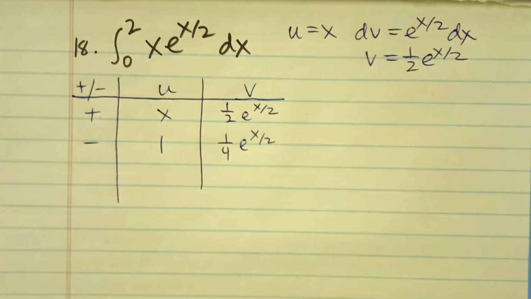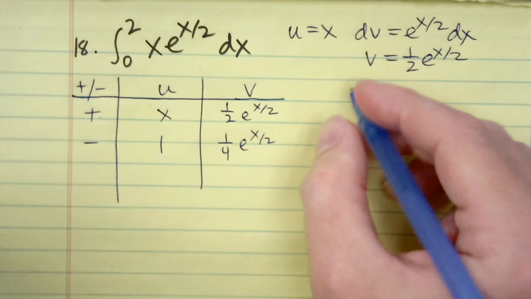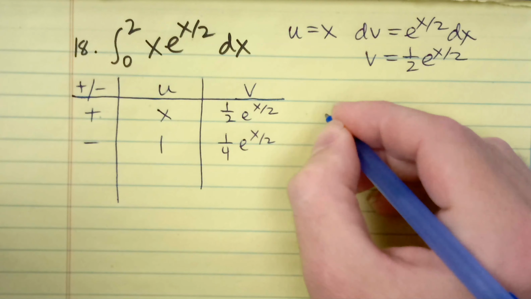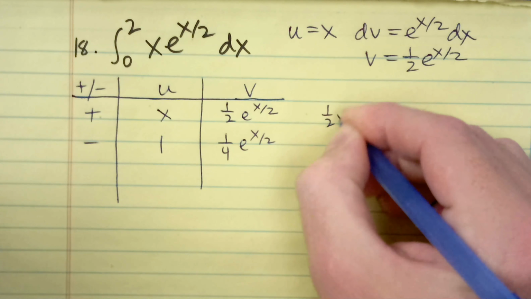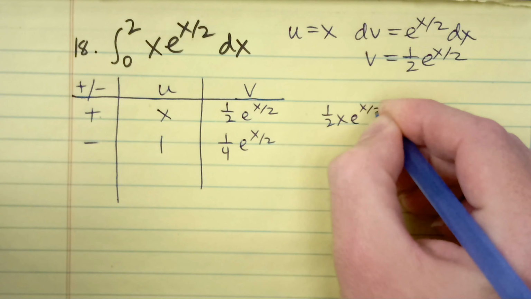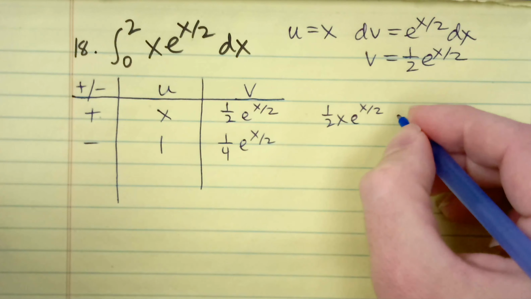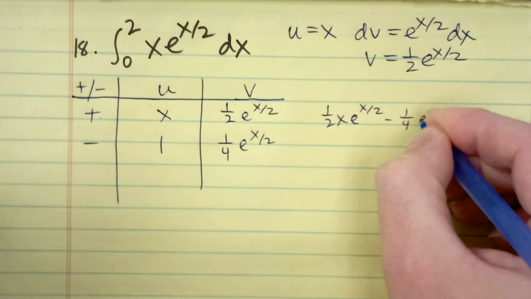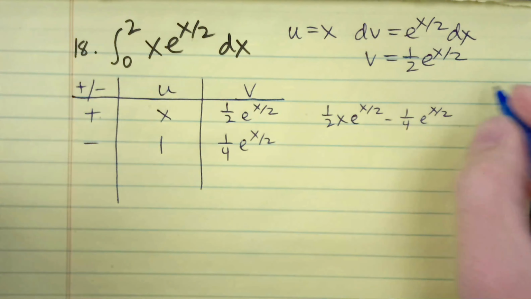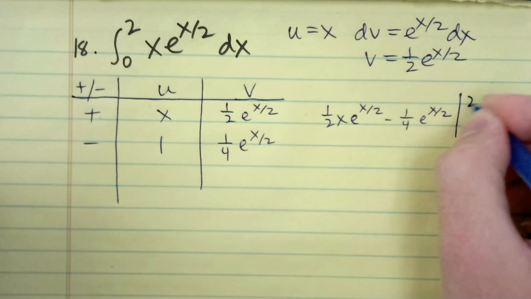Again, I don't know how it works when u is natural log x or really anything besides x to a whole other power. But so this is going to be 1/2 x e to the x over 2 minus 1/4 e to the x over 2 as x runs from 0 to 2.